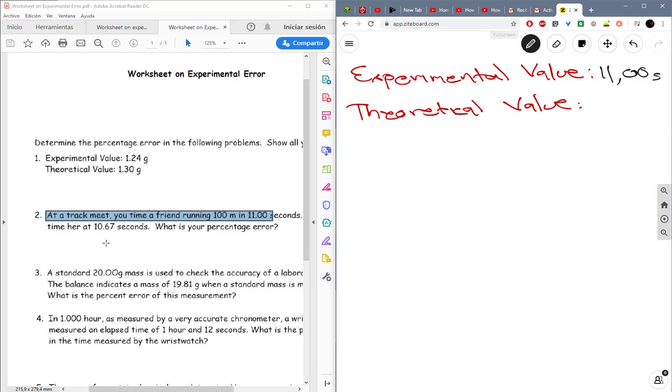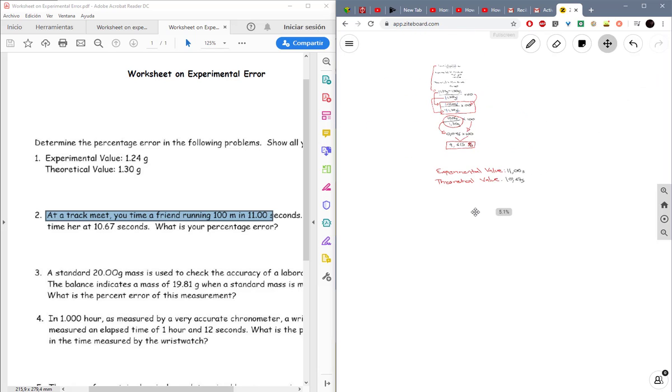So that means that that is more accurate, more precise, because they probably have a better equipment to measure. So that is the theoretical value, because that is more correct. So 10.67 seconds is the theoretical value. So knowing that, we can apply the formula of experimental error.